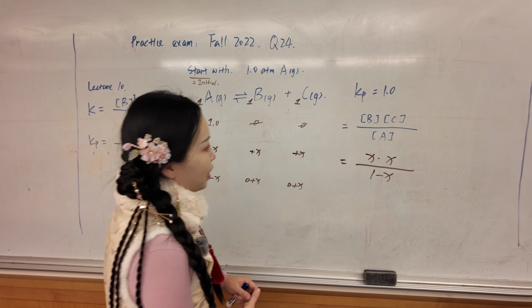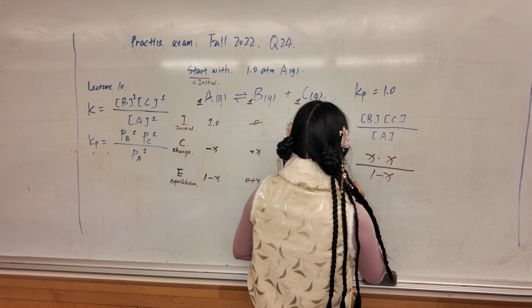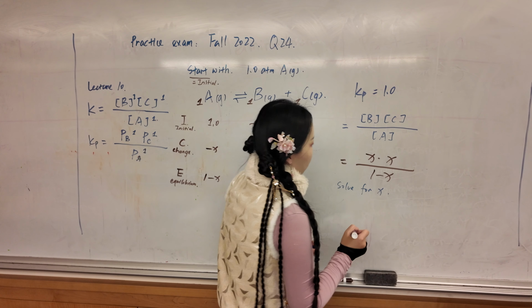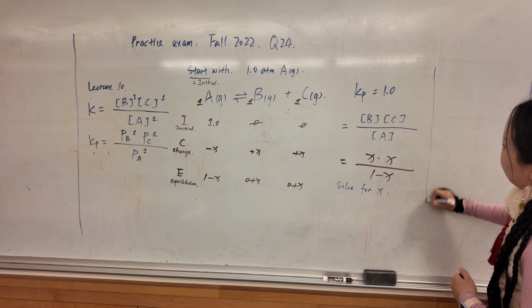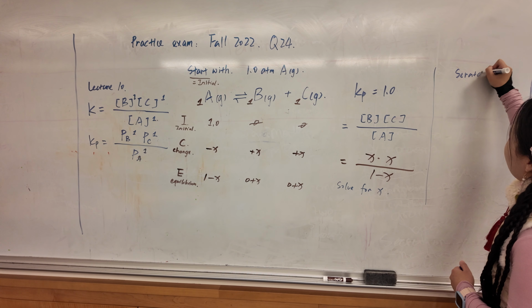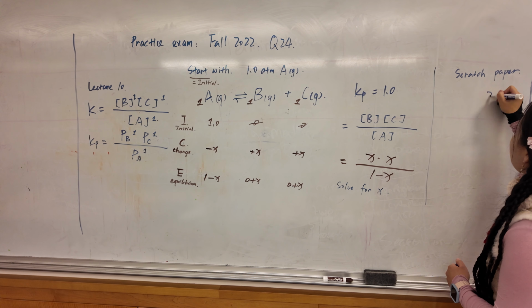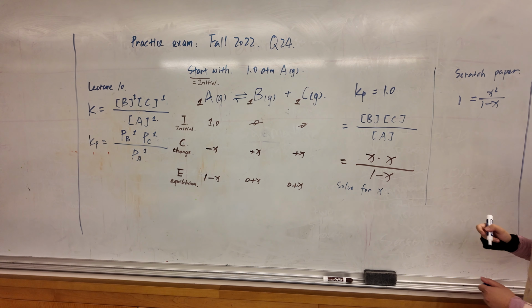Okay, that's where the math came in. So you need to solve for x. That's on your scratch paper. That will be x squared over 1 minus x equals 1, right?